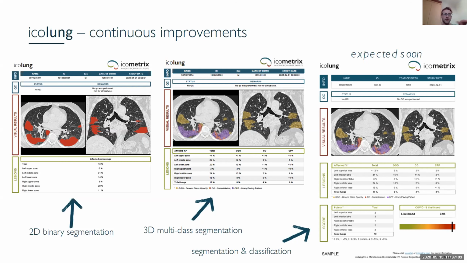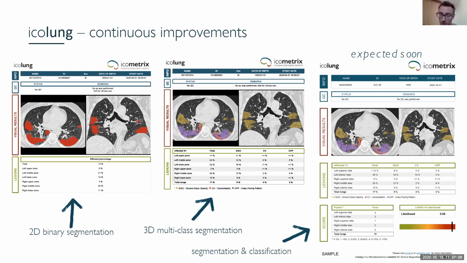You can see that the segmentation is not 100% consistent over the different slices. It is much better when going to a 3D network, seen in the middle, and also a multi-class network, which allows to distinguish between the different important types, as Professor De Mey outlined earlier.